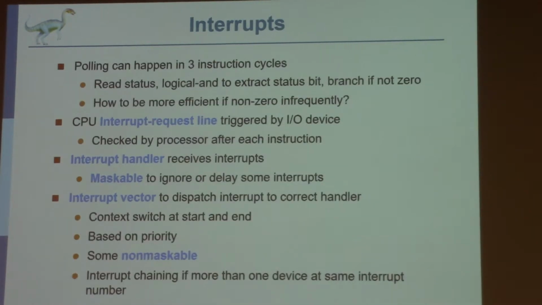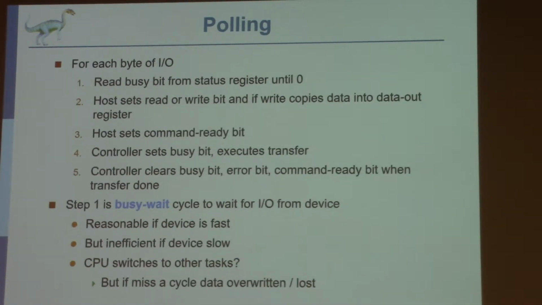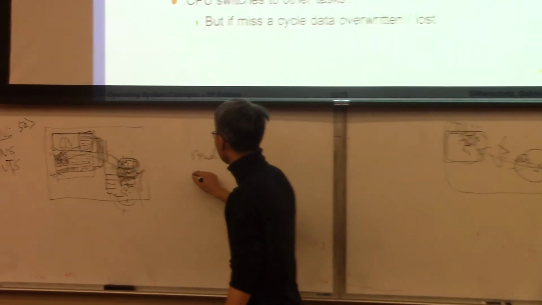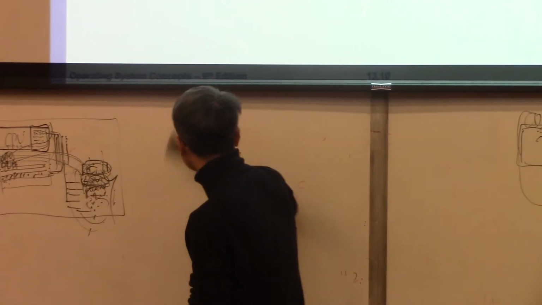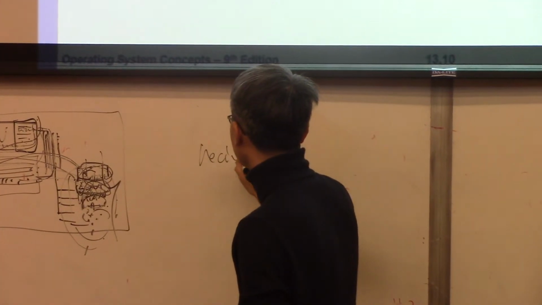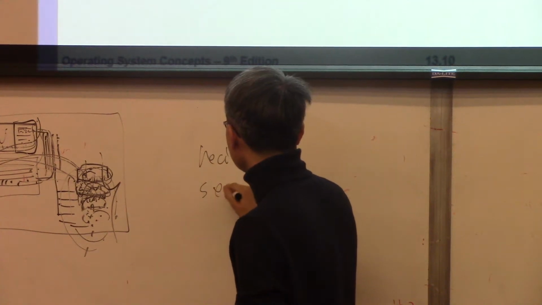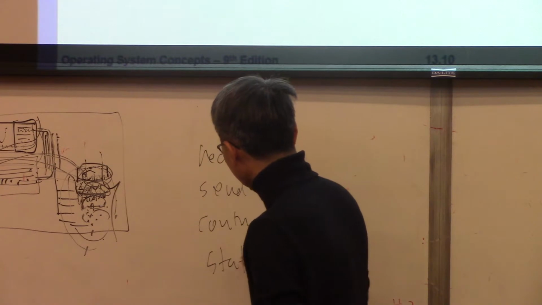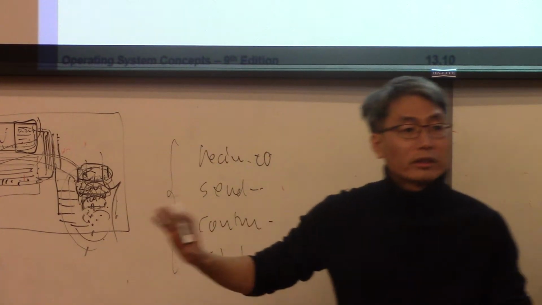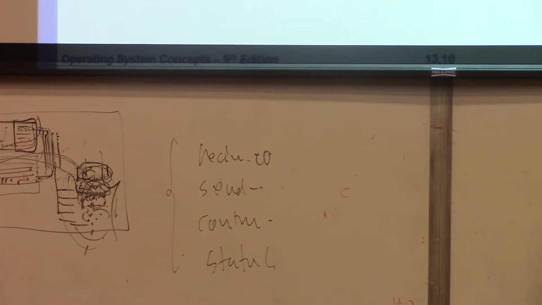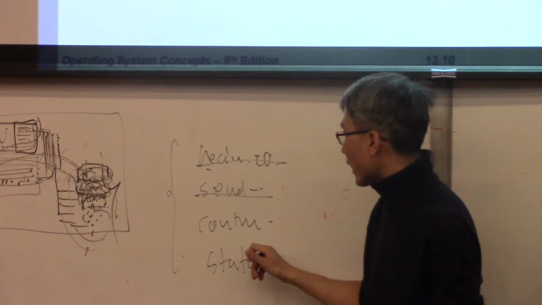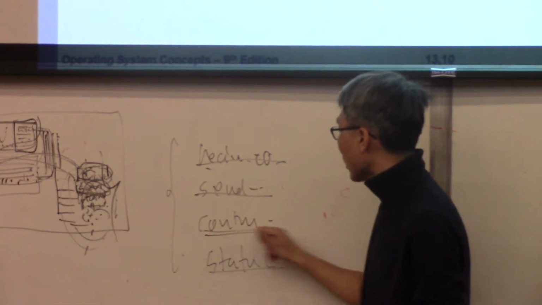So one is the read, and another one is send, receive, the receive, send, and control, and the status. Names can vary depending on the hardware, the I/O devices, but mostly receive and send, and status and control.